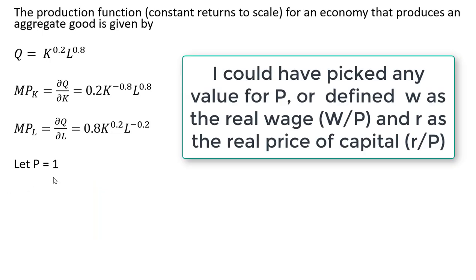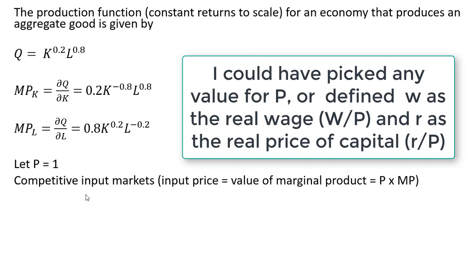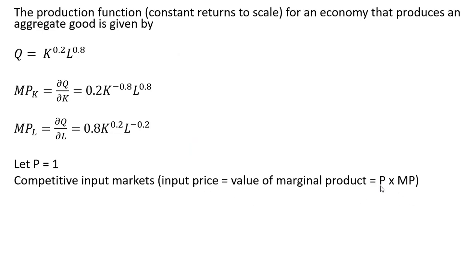In this case, 80% of the income goes to labor, 20% to capital. We're going to let P equal 1, the price of the output good. And with competitive input markets, we will note that the input price will equal the value of the marginal product, where the value of the marginal product is the price times the marginal product. Here again we said P is 1. So here is the condition for the capital market.